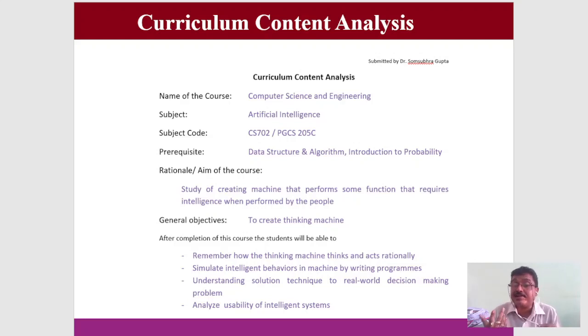On that perspective, we can redefine this: AI is the study of creating thinking machines, and a thinking machine means a machine that can think and act rationally, or a machine that can think and act like a human being. So here comes the curricular content analysis, where the general objective has to be clear, and here the general objective is to create thinking machines.